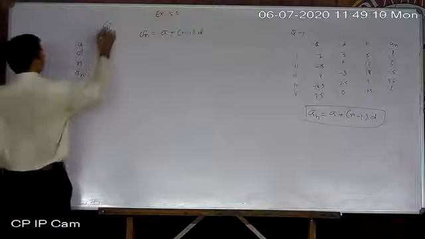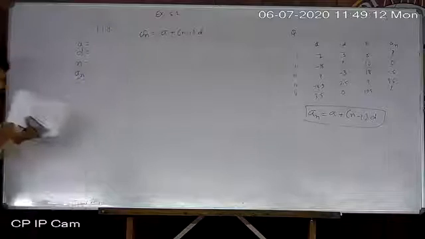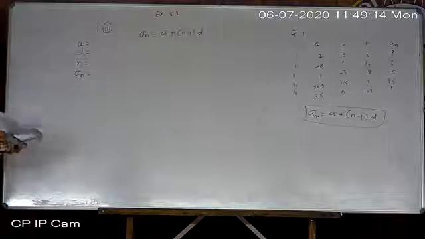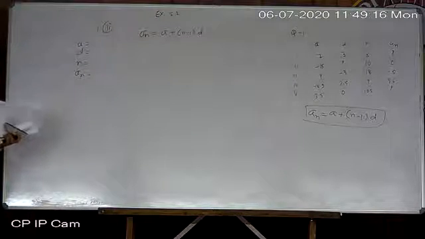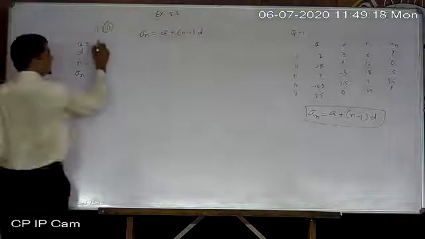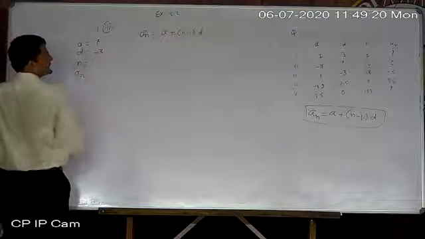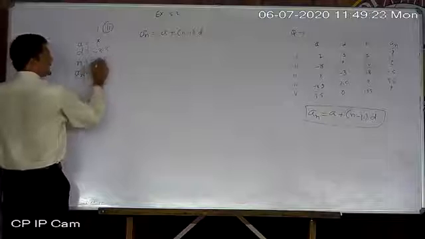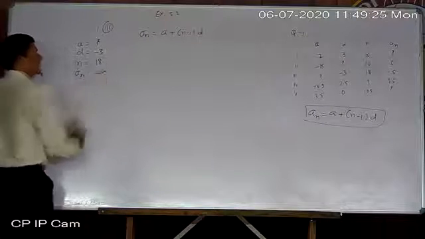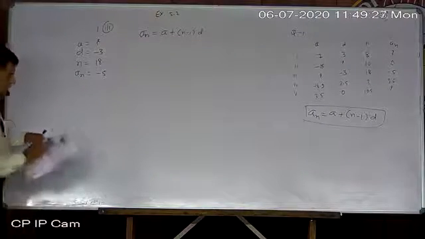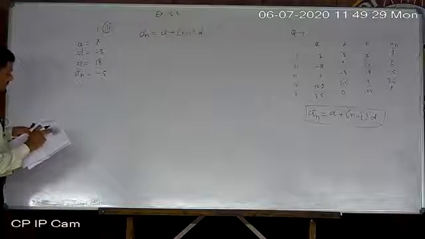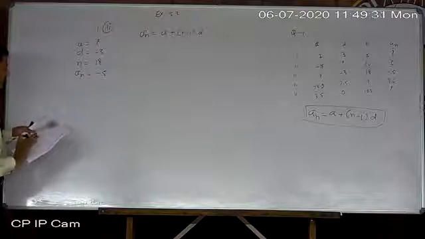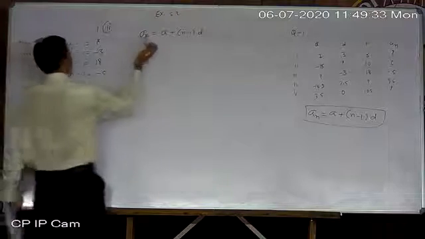Now, third one. A not given. D minus 3, N 18, N minus 5. Minus 3, 18, minus 5. A is not given, so write down everything here.